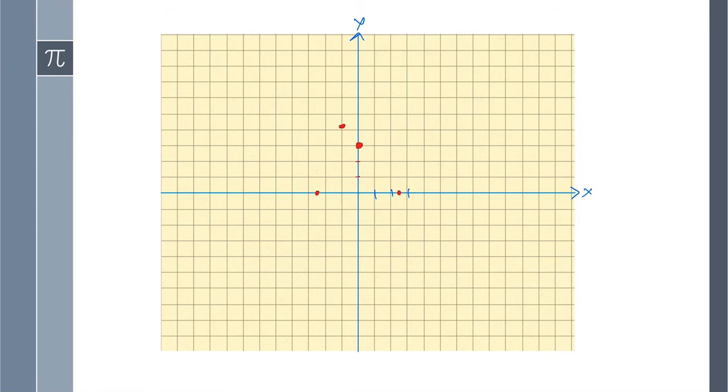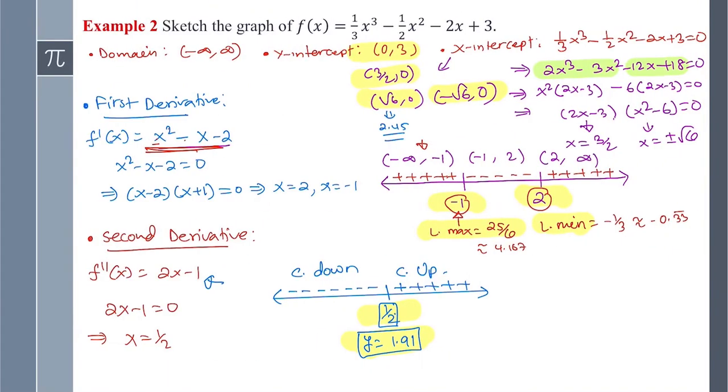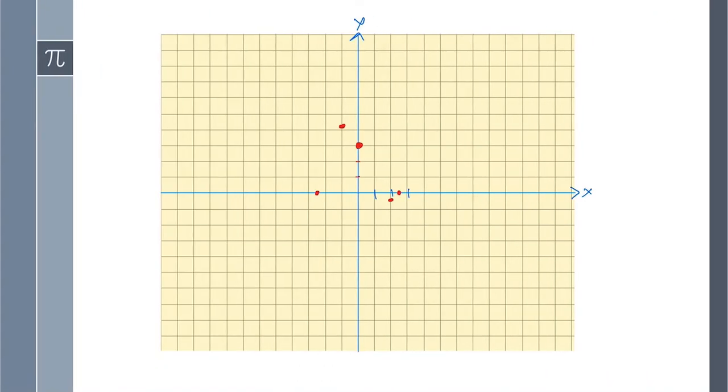And then local min is at -2, and it's -0.03, so somewhere here. That's the local min. Then we have inflection point at 1/2 and 1.9, which is almost 2. So the inflection point is at 1/2 and then right here.